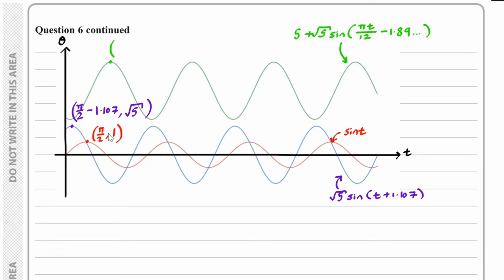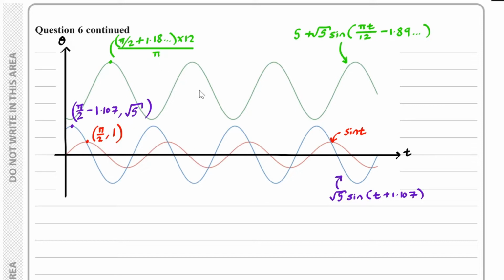So first thing we do, we add on 1.89 etc. to pi over 2. So we have pi over 2 plus 1.89 etc. And then we multiply this by 12, and then we divide the result by pi.